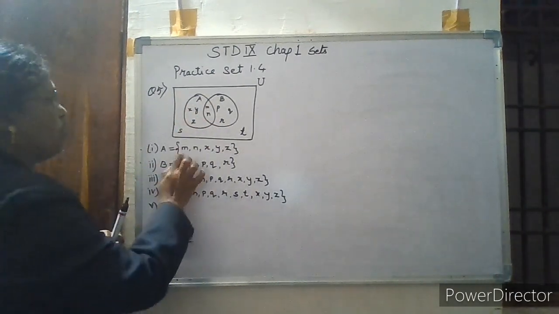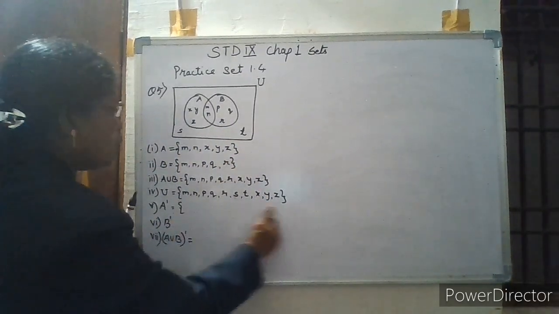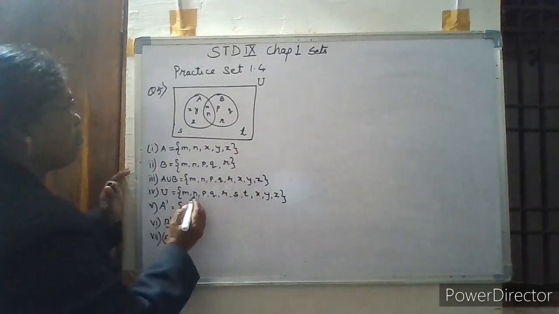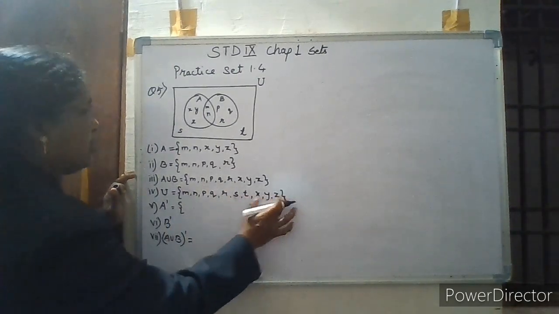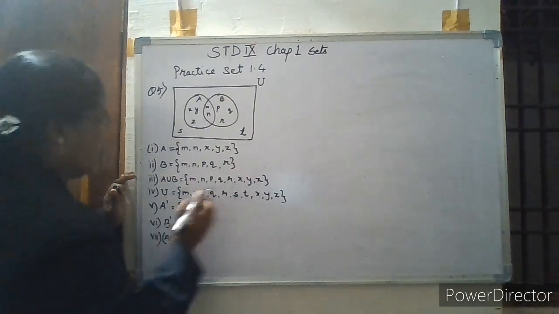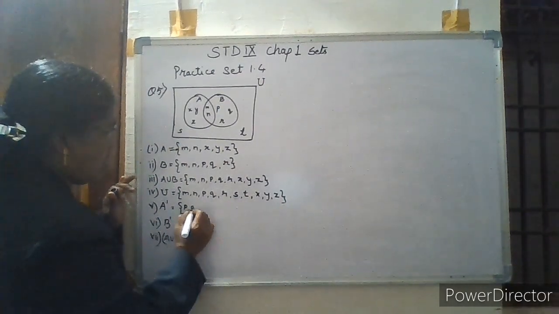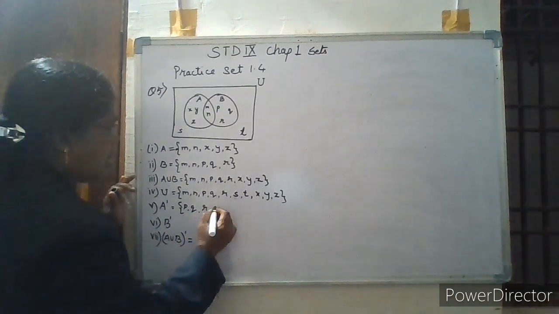Leave the elements of set A, M, N, X, Y, Z, and the rest are the extra in the universal set. These are the elements of complement of A: P, Q, R, S, T.